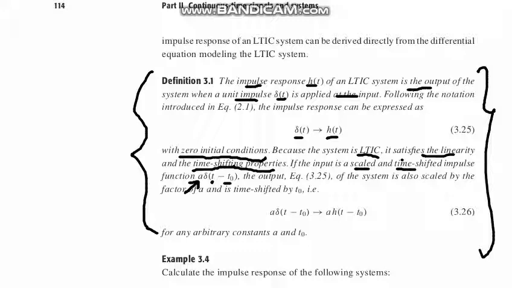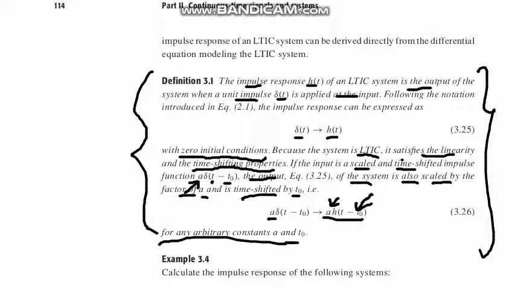So if the input is a scaled and time shifted impulse function, the output of the system is also scaled by the factor of a and time shifted by t naught. That means if it is an LTIC system, after transformation nothing will be changed. The scaling property will remain the same and the shifting property will remain the same for any arbitrary constants a and t naught.